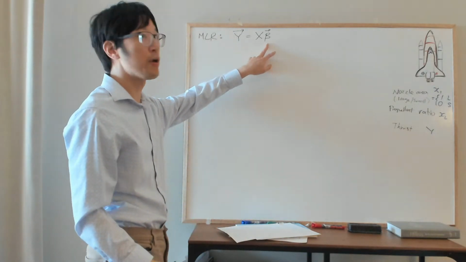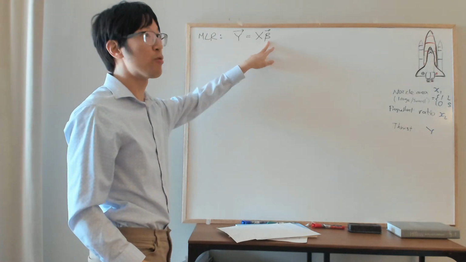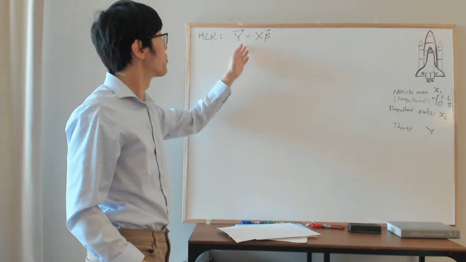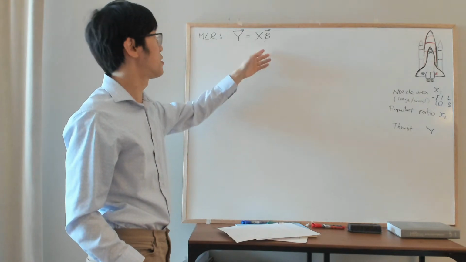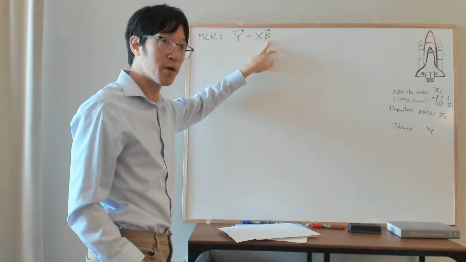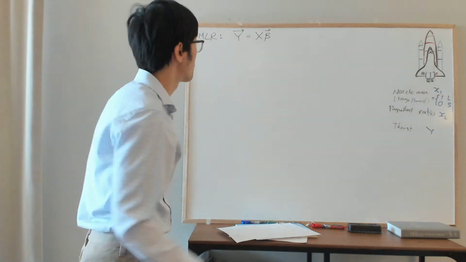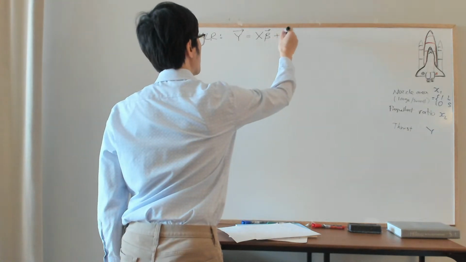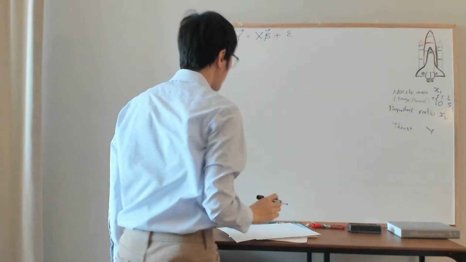Today we'll talk about how to estimate all the parameters in beta. So how many are there? Well, we're assuming we have p predictors plus the intercept term, so beta is a p plus 1 length vector, and then plus epsilon.